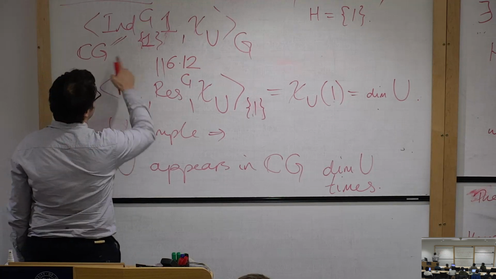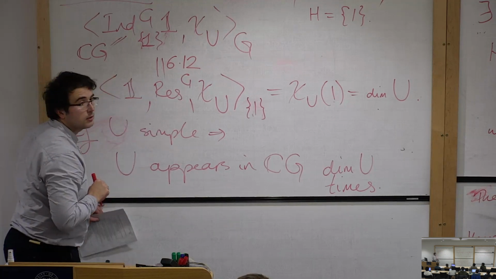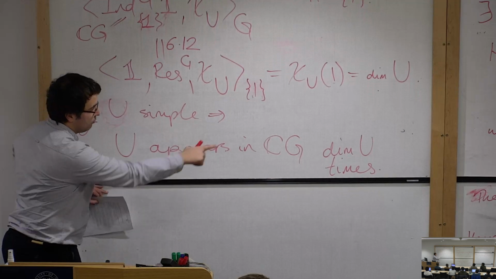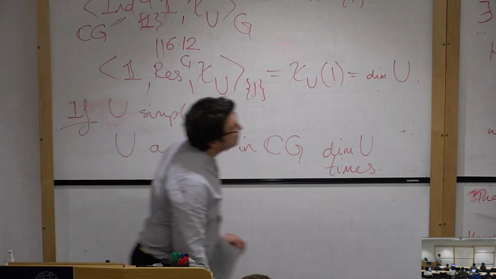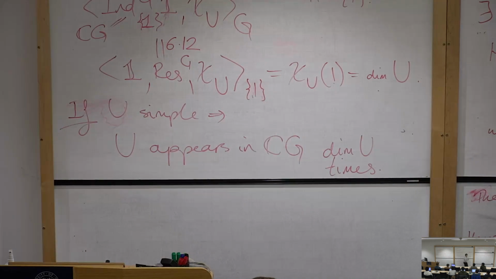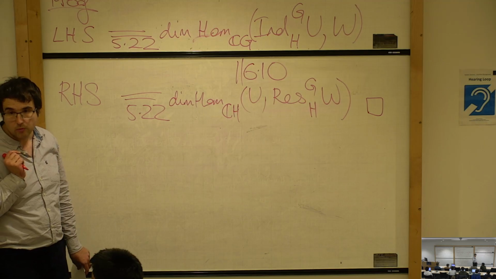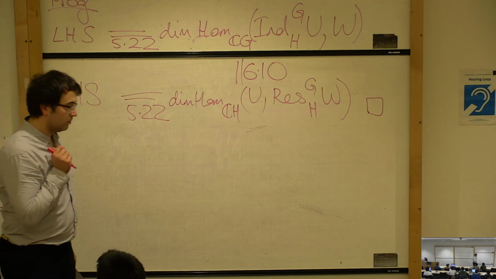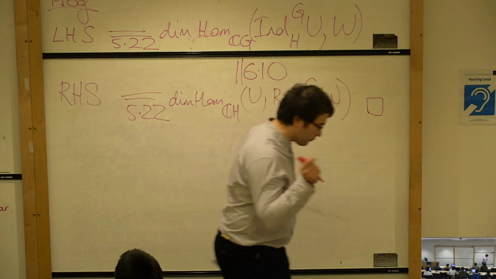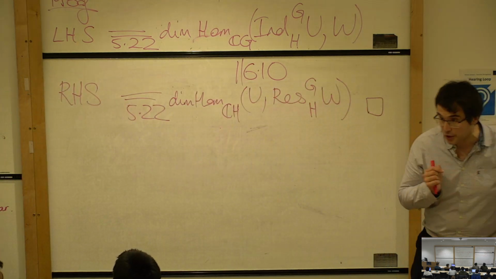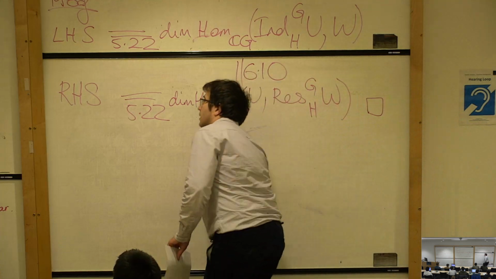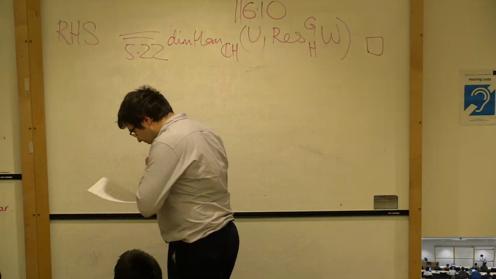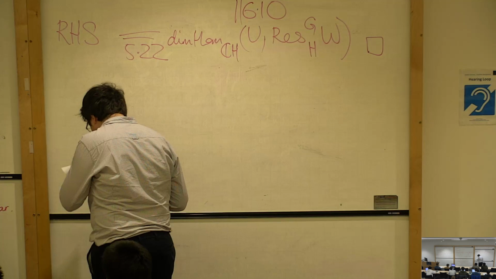If U is simple, it's computed by this inner product. And so this is a non-trivial statement, that follows already from Maschke and Wedderburn. Any simple module of a finite group appears in the group ring exactly as many times as the dimension of that module. Good. So now, the character of an induced representation.